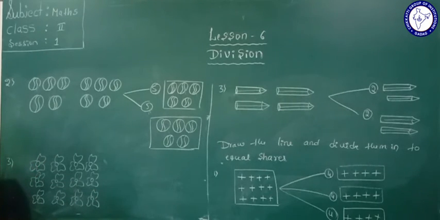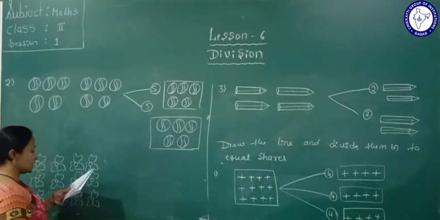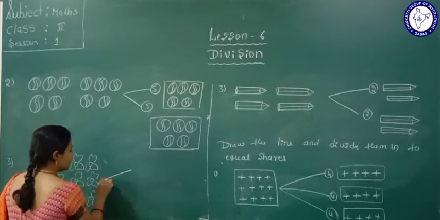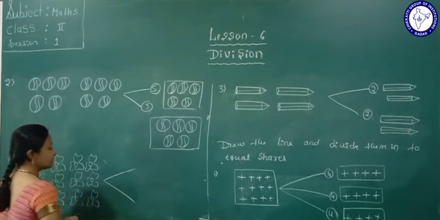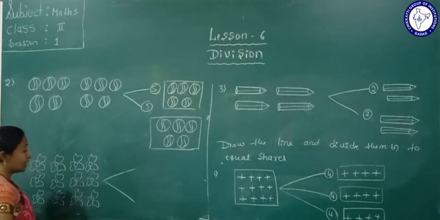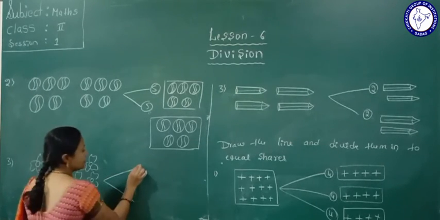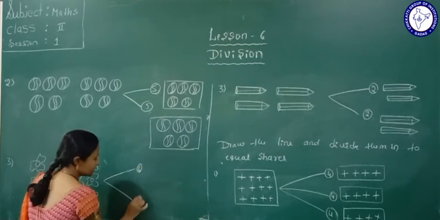Totally how many flowers are there? Totally 12 flowers are there. So we'll distribute in 2 parts. Yes, in each part how many flowers will we distribute now? In each part we will distribute 6 flowers.